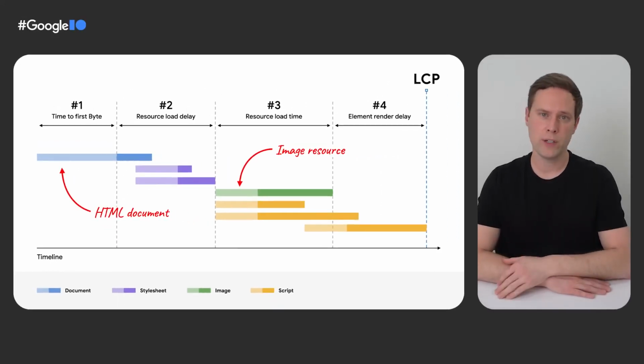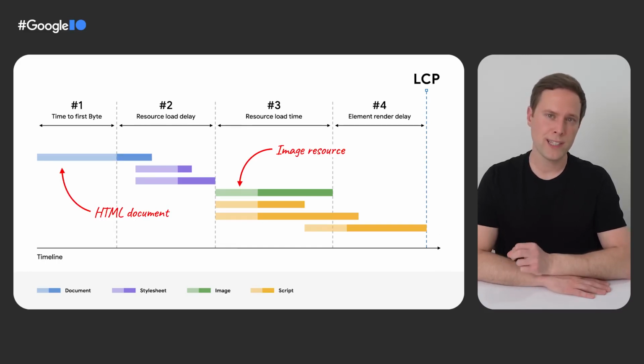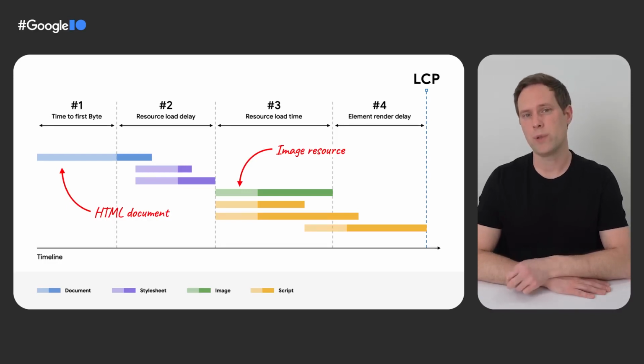So every single page can have its LCP value broken down into these four subparts. There's no overlap or gaps in between them, and collectively, they add up to the full LCP time. To illustrate that point, let's take a look at what happens if we were to reduce the resource load time part in this example.